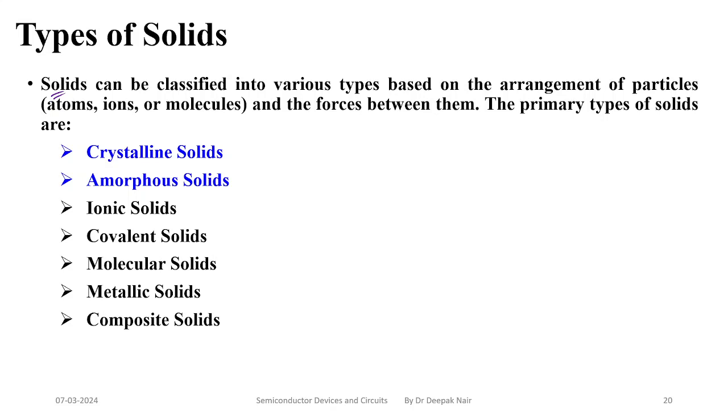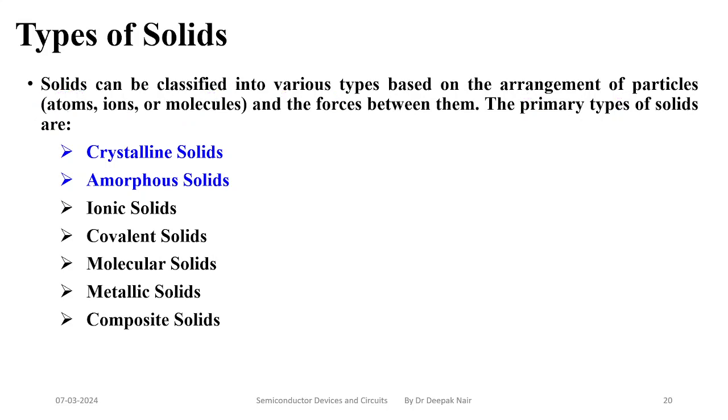Solids can be classified into various types based on the arrangement of the particles, for example, atoms, ions, or molecules associated with that particular solid. So solids may comprise different atoms, ions and molecules, and based on their arrangement, these solids can be classified.